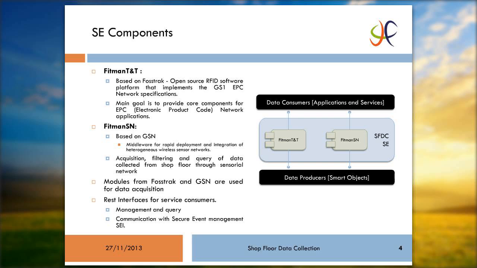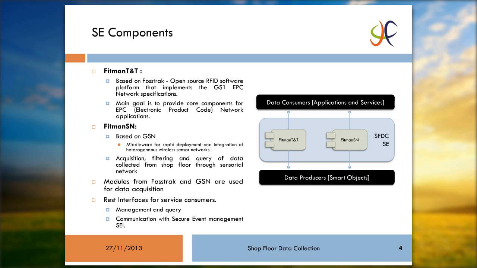Each of the components provides interfaces for service consumers to query for the data or for some small management functionalities. And this specific enabler will also communicate with one other specific enabler from FITMAN called secure event management, which will be used for further processing of the events that arise on the shop floor.